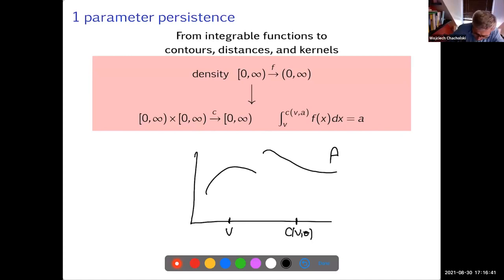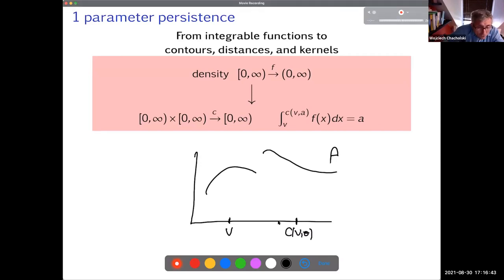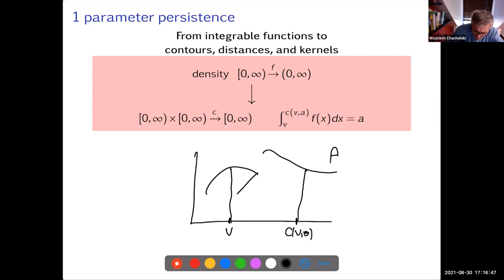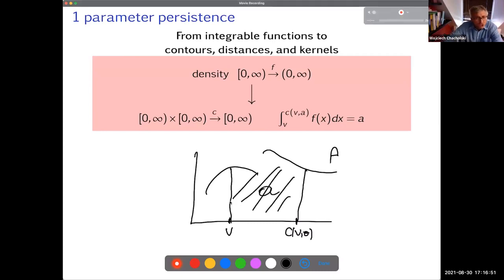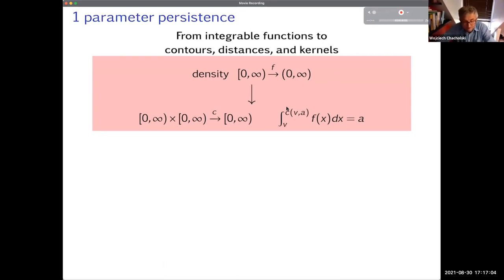So the question is, how far do I move along this? You move to the point where this area becomes a. This is an action. Okay, this is actually an honest action.